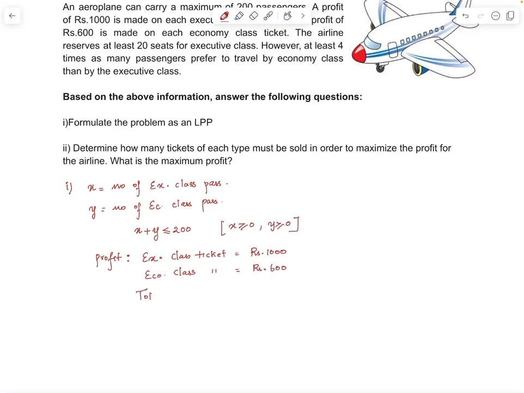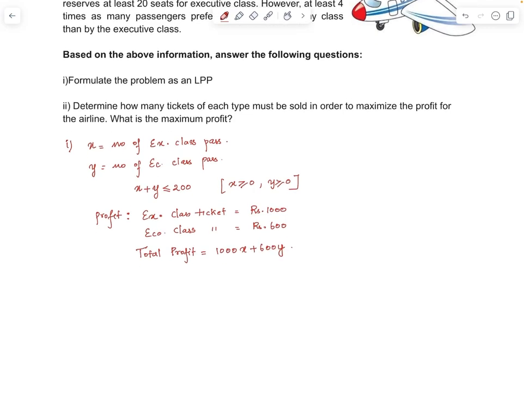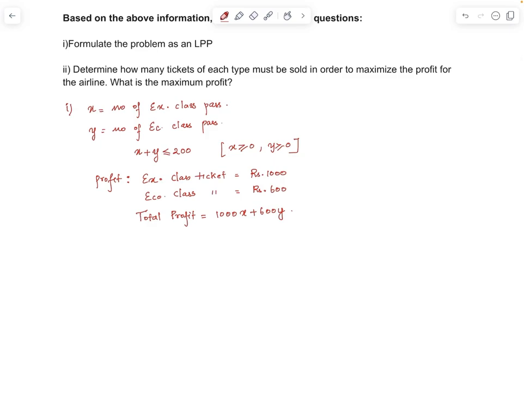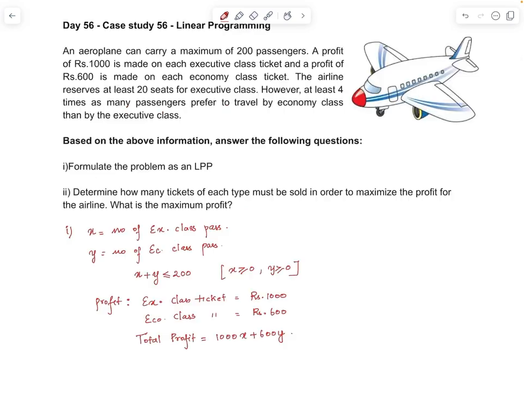So the total profit is 1000x plus 600y. Now our main objective is to maximize this profit. The next statement says the airline reserves at least 20 seats for executive class, which means X is greater than or equal to 20. However, at least 4 times as many passengers prefer to travel by economy class than by executive class. That is, Y is greater than or equal to 4x.